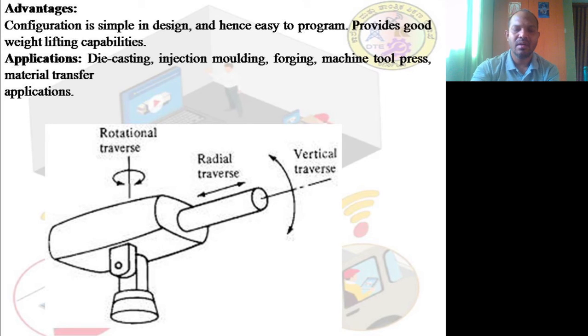All three are there. The work volume is the volume or area within which it can work, and that resembles a partial sphere. So this is called a spherical or polar coordinate system. The advantages are a simple design and hence easy programming, and good weight lifting capabilities. It is extensively used in die casting, injection molding, forging, machine tool press and material transfer applications.